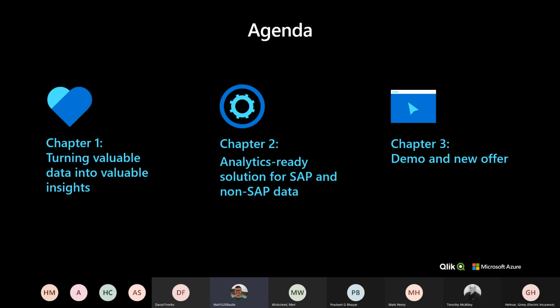In chapter 2, we'll talk about analytics-ready solutions for both SAP and non-SAP data, and how both the functionality and integration between Qlik and Synapse help to enable you to build out these solutions. And then finally, for the final part, we will actually show you a demo of some of this happening and show you both Qlik and Azure Synapse and how they work together over SAP data, as well as talk about an offer between Qlik and Azure to help you get started and get hands-on here.